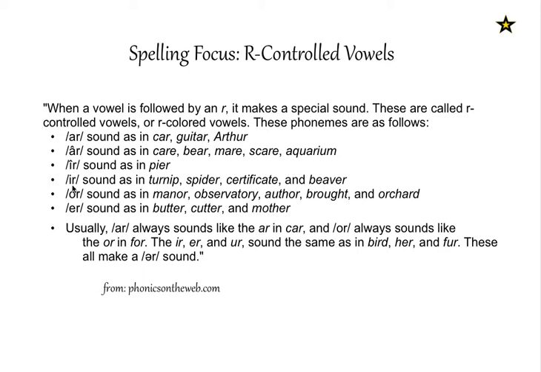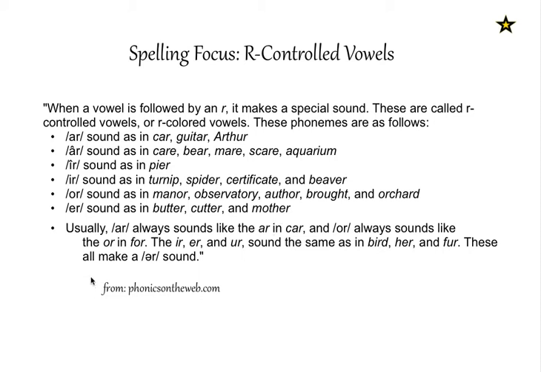Then we also have sound, as in turnip, spider, certificate, and beaver. We also have the or sound, such as in manor, observatory, author, brought, or orchard. We also have the sound as in butter, clutter, and mother.